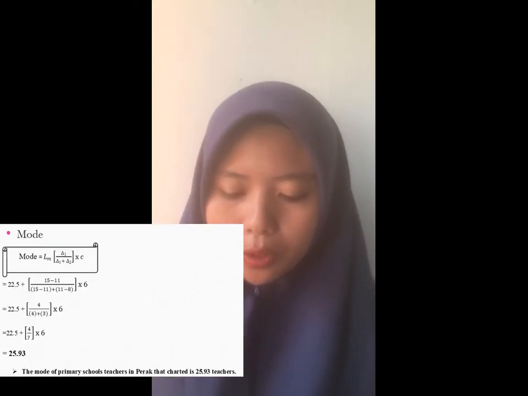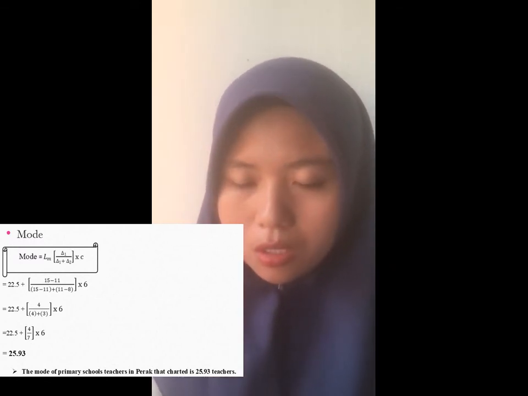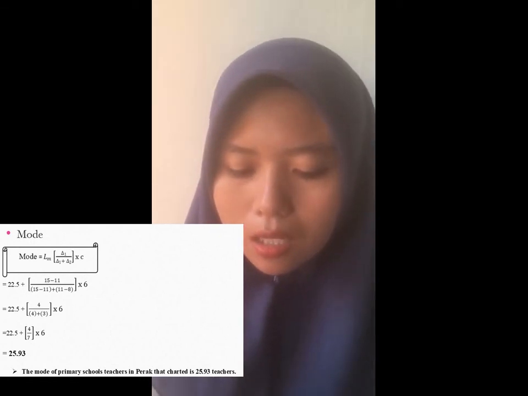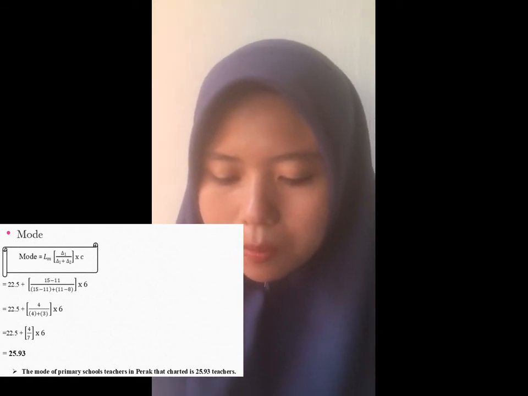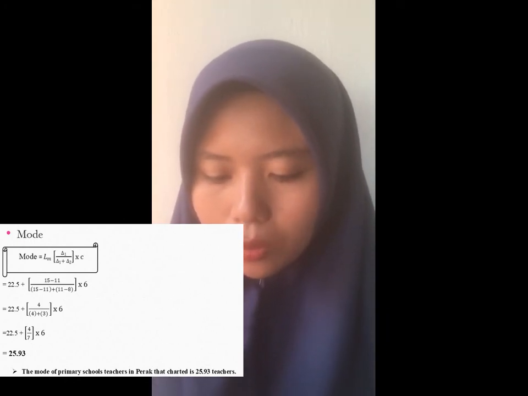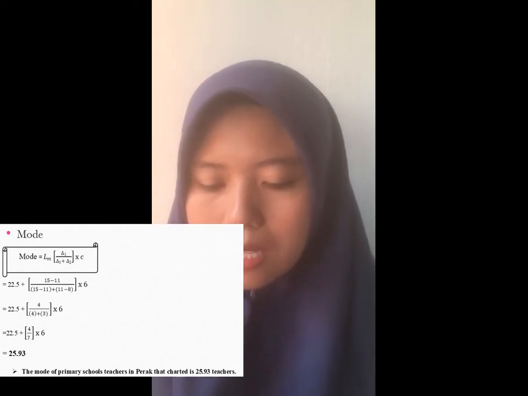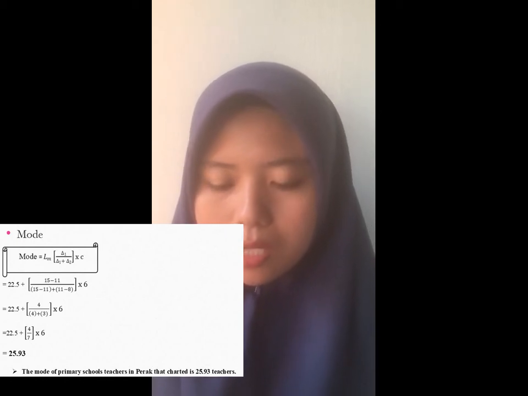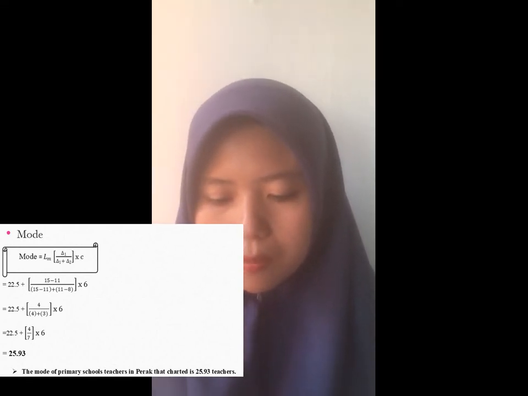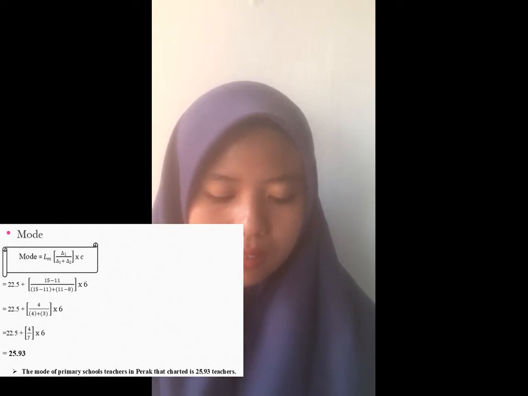And for the mode, I choose the formula of lower boundary plus the difference between the frequency of the modal class and the frequency of the class before the modal class, divided by the difference between the frequency of the modal class and the frequency of the class before, plus the difference between the frequency of the modal class and the frequency of the class after the modal class, times class size, and the answer is 25.93.